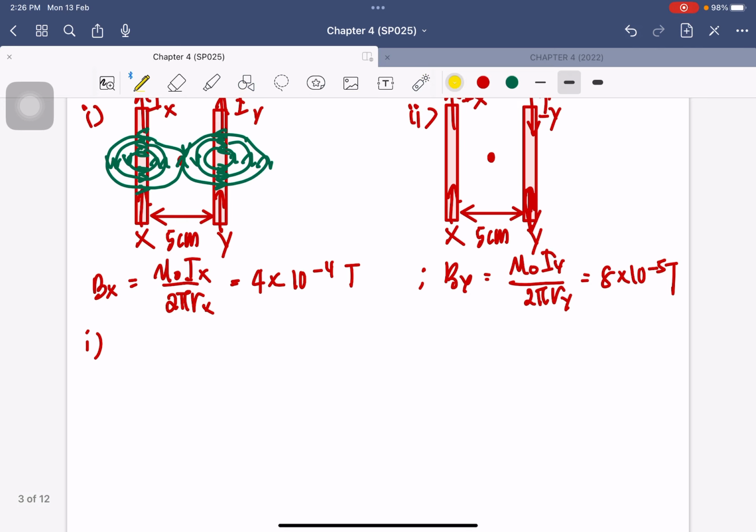I guess I'm just going to draw it. Okay, this is our conductor. Now we just want to focus at this one point here. So looking at the magnetic field for this side, it is going into the page, so we will see an X.